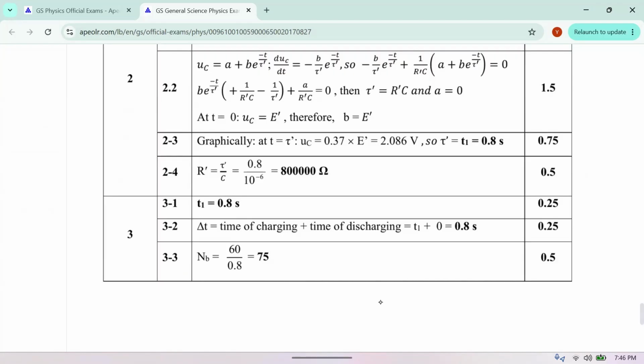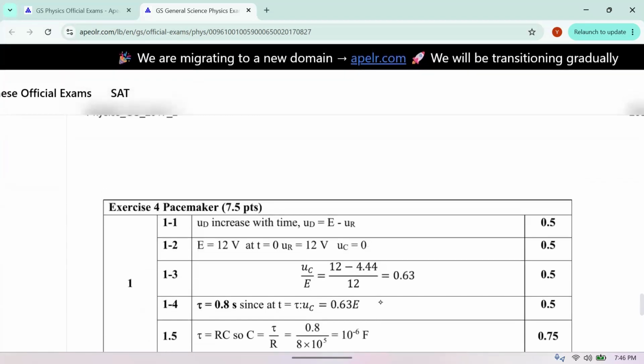And try to have an answer that is logical. Like having C that is 5 farad or 50 farad, that's huge. Having a number of heartbeats in 1 minute less than 75, like 30, let's say, that's not reality, that's not logical. So from the answers, you can know what's best. Finding the ratio UC over E equals 0.63, that's normal.